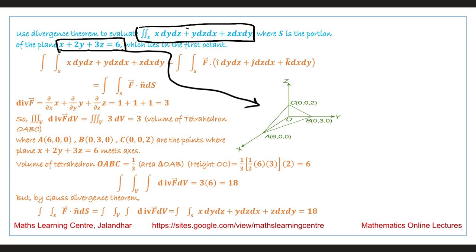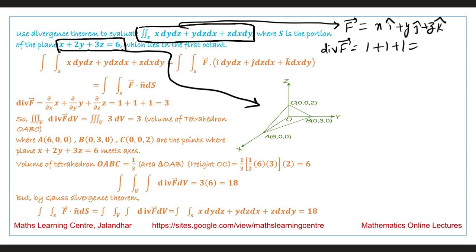From this integration we can write the value of f vector, that is x i cap plus y j cap plus z k cap. So divergence of f vector is 1 plus 1 plus 1, that is equal to 3.